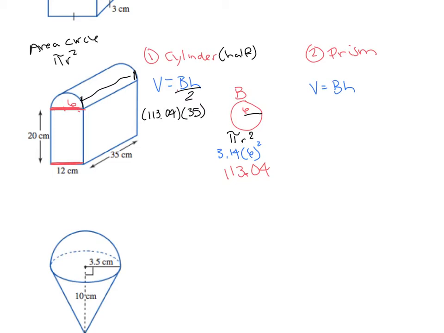So 113.04 times 35, but don't forget, we're only having half of it, so I need to divide that final answer by 2, and we end up with a volume of 1,978.2 centimeters cubed.